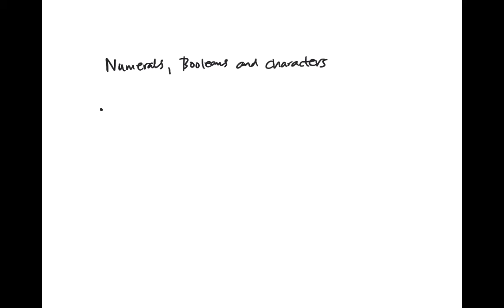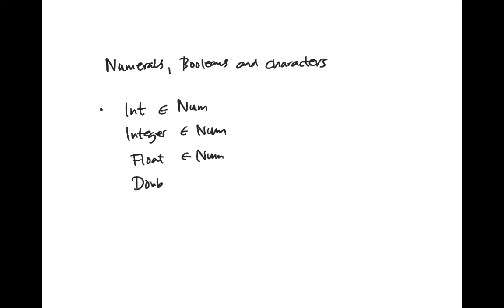So the type int is in the type class num. The type integer, which is a different type than int, is in num. The type float is a type in num, and the type double is a type in the type class num.